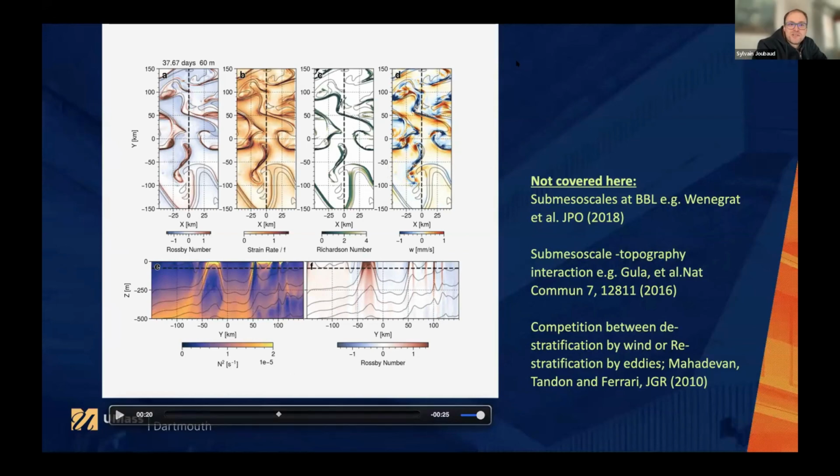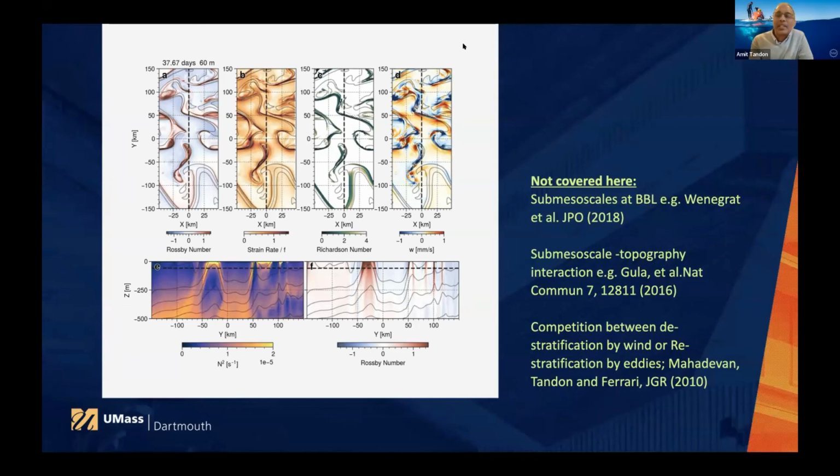Just then a question: why do you have mesoscale eddies only at the southern part at the end? Remember, because these are unforced simulations, there is this inverse cascade going on, and so the sub-mesoscales themselves arrange themselves to go to larger scales.